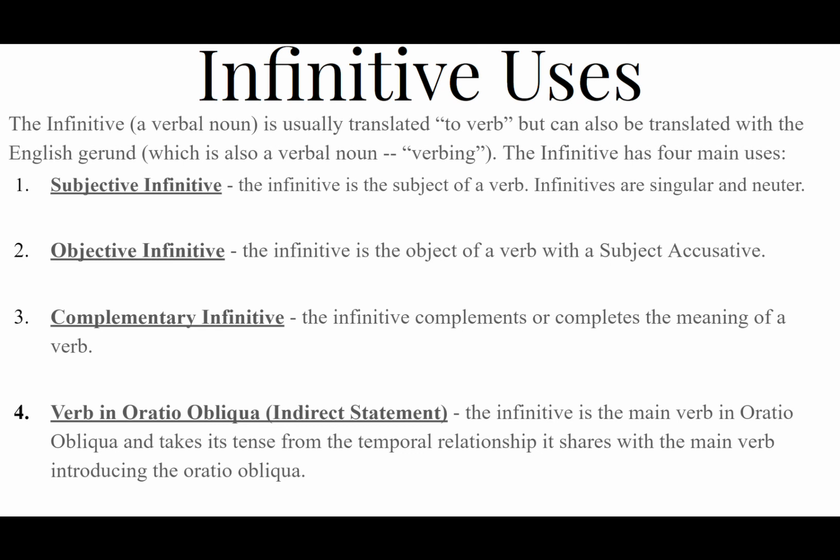There's the subjective infinitive, the objective infinitive, and the complementary infinitive. The fourth usage, the verb in Oratio Obliqua, commonly called indirect statement, has its own special chapter and its own special video.